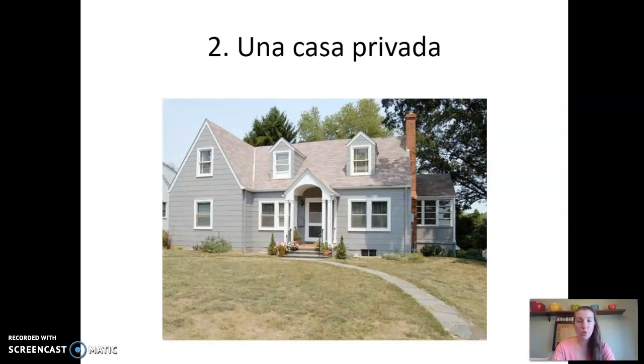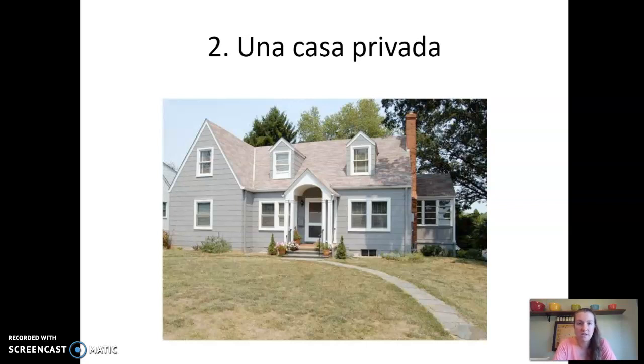So in other words, one family lives in that house, as opposed to an apartment, which is a bigger building where a lot of people live in different apartments. Or there's also something called a triple decker. When I lived in Somerville, we owned a condo that was a triple decker. So it was like a big, huge house. It looked like one house from the outside, but when you went in, there were 3 different condos.